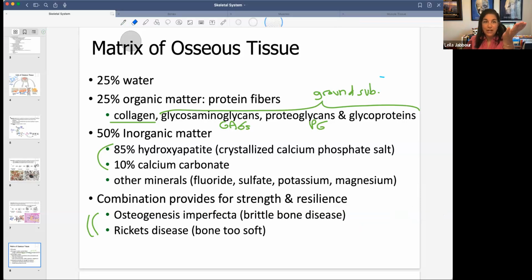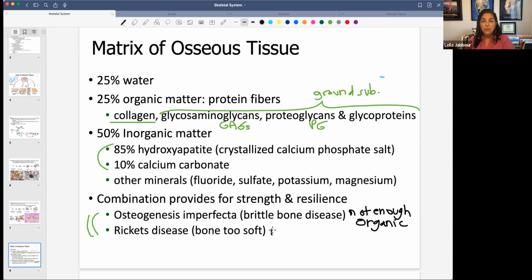Instead of saying too much inorganic, I'm just going to say not enough organic, not enough collagen fibers and all that to give it that bend to it, so it becomes too brittle.